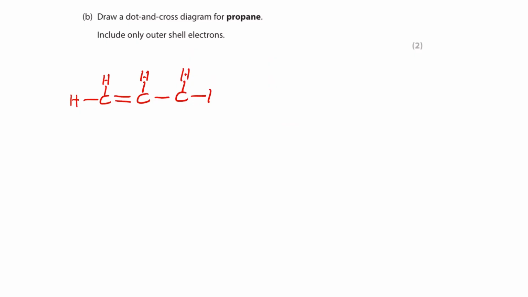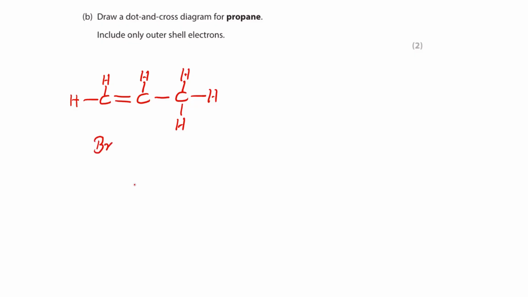Right, so we have talked about propene and propane, how they react with bromine. Let's take propene. So this is propene, right? When propene reacts with bromine, this is what happens.